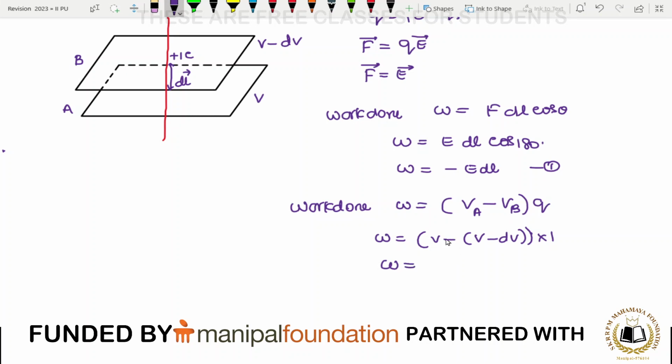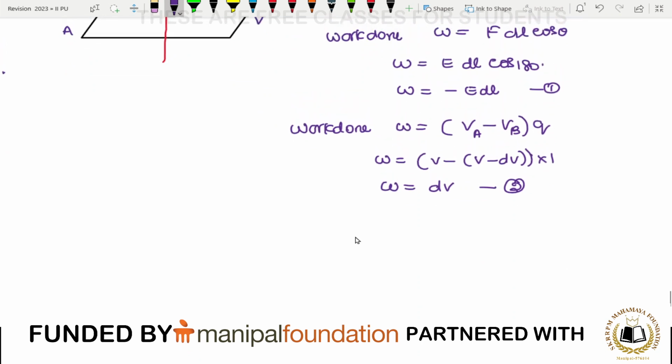So minus or minus, V minus V cancel, and we get plus dV, equation number 2. So 1 is equal to 2, equate both the equations, so we'll get -E into DL equal to how much? dV. So E is equal to minus dV by DL is the equation.